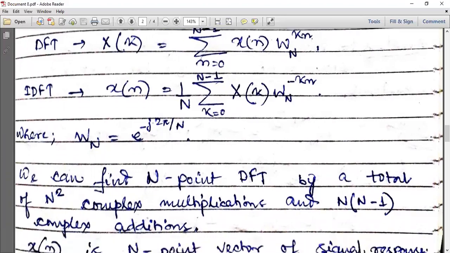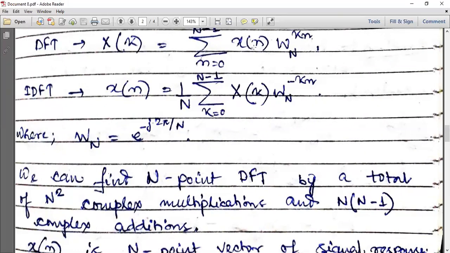Now we can view the DFT and IDFT as linear transformations on sequences x[n] and X[k].